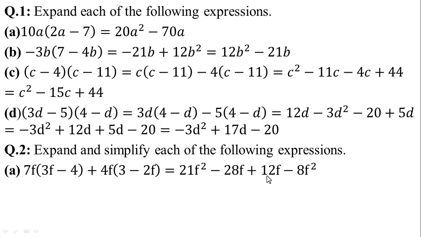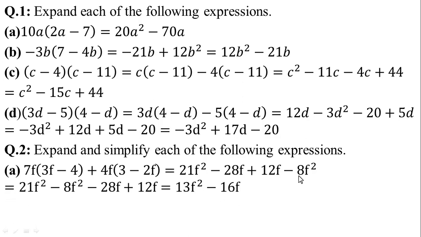So we write that 12f, plus minus minus, 4 twos are 8, f multiplied by f is f square. Now rearrange the values. We write that 21f square minus 8f square minus 28f plus 12f.